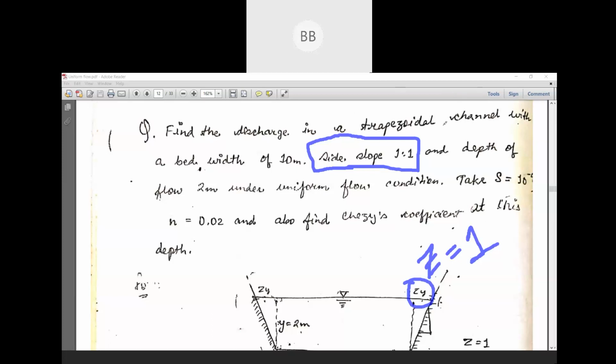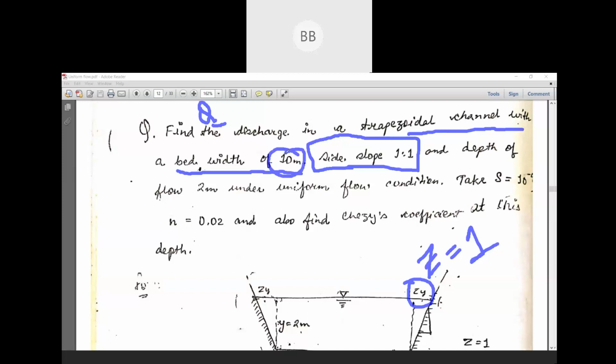So you try to solve this problem. Here also you need to find out the discharge of a trapezoidal channel. Width of the channel is given 10 meter.